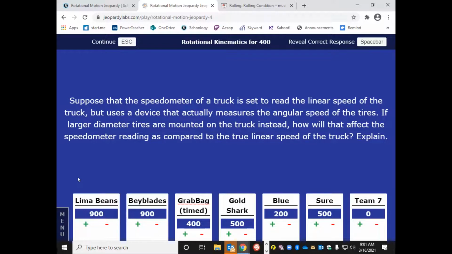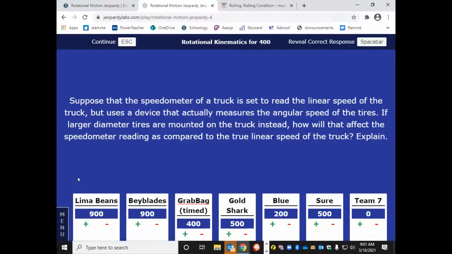Test it out. Speedometer will be a higher speed.